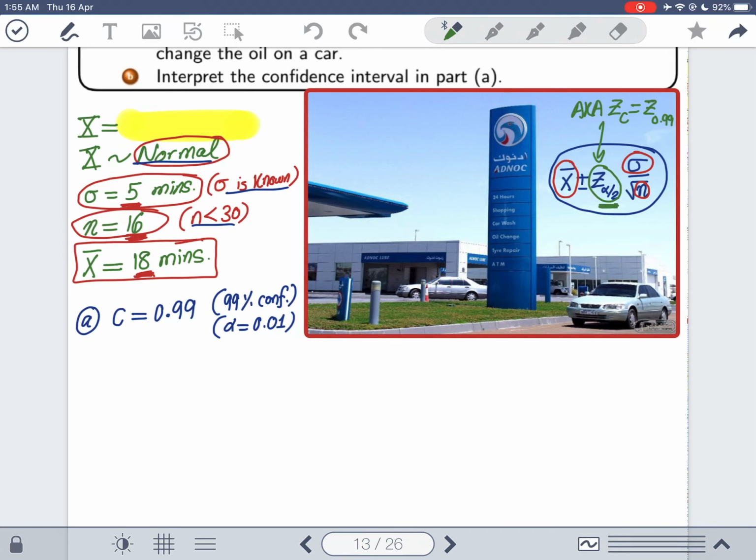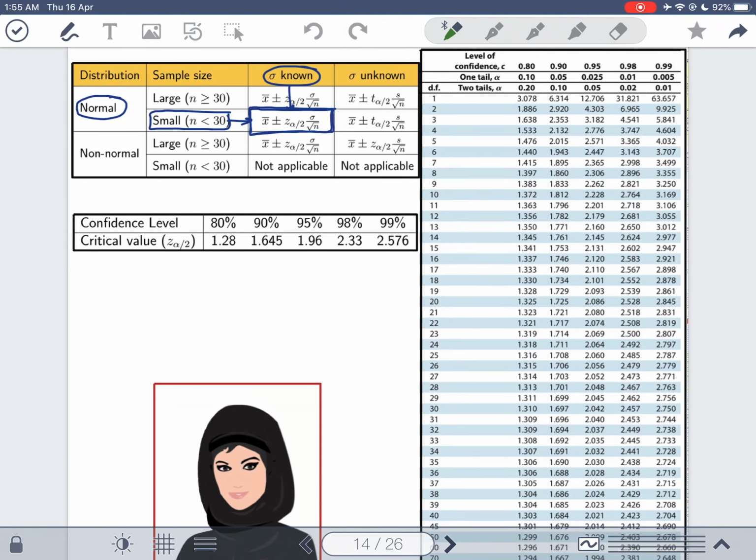We only need to know what z sub alpha over 2 is. Do you remember how to find this? Well, we need 99% confidence. You can use the online calculator, but there is a small table that is easy to use. It gives you the confidence level C and the z sub alpha over 2. I feel it's easier to just use this table.